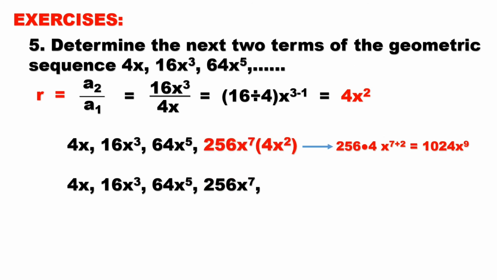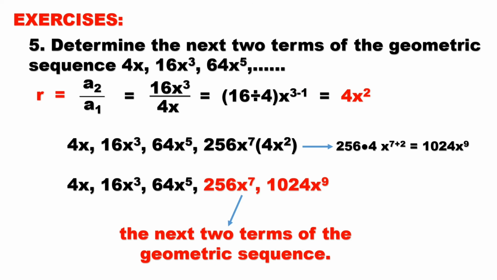To get the next term, 256x to the 7th will be multiplied by 4x squared. 256 times 4 is 1024. x to the 7th plus 2 equals x to the 9th. Therefore, the next term is 1024x to the 9th. Therefore, 256x to the 7th and 1024x to the 9th are the next 2 terms of the geometric sequence above.